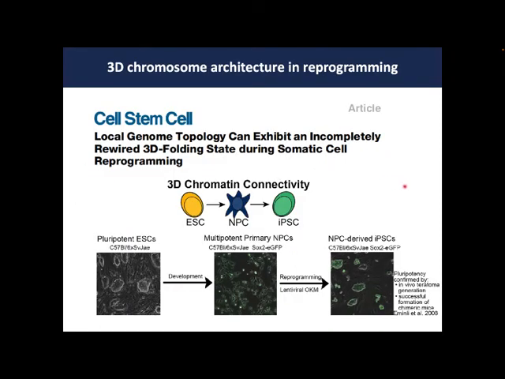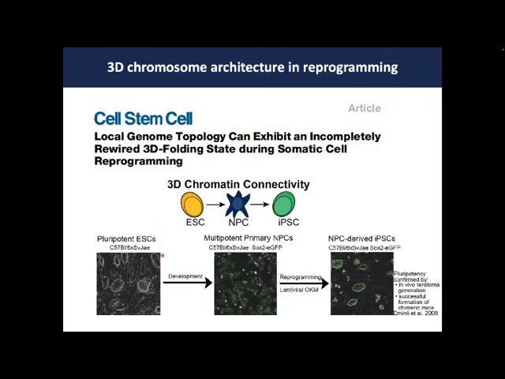This one remarkable paper studies the local genome topology during somatic cell reprogramming. They used embryonic stem cells and differentiated them toward primary neural precursor cells. Then they reprogrammed these neural precursor cells again by the expression of OKM reprogramming factors.